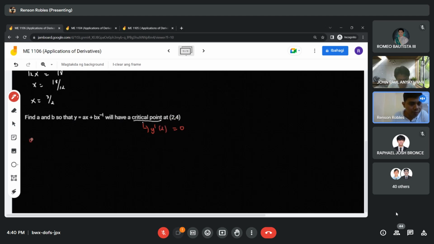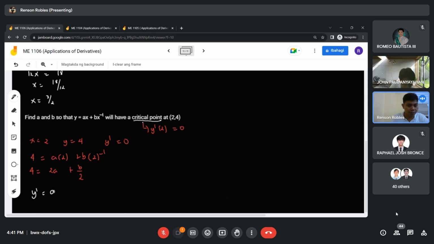Okay. Then you have y prime equals so what values do you have? X equals 2 whenever y is 4 and y prime is 0. You have y equals ax plus bx raised to negative 1. So you have 4 equals 2a plus b over 2. And then you differentiate y prime, derivative of ax, derivative of bx raised to negative 1.